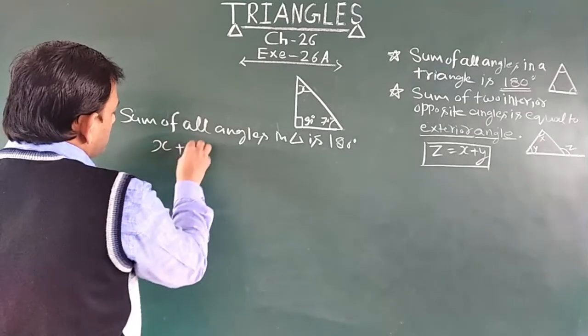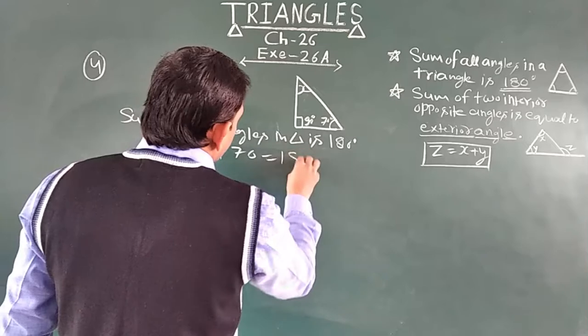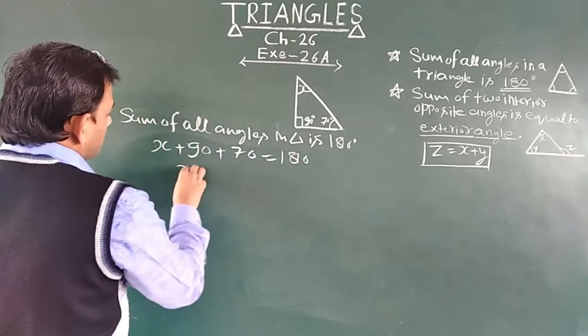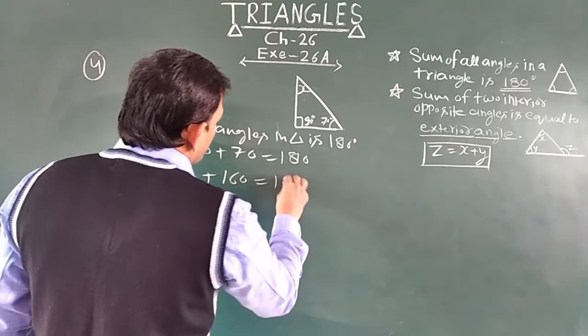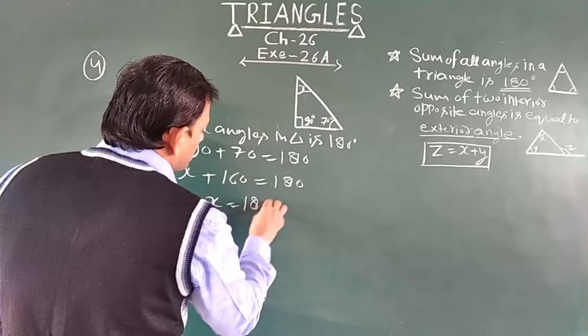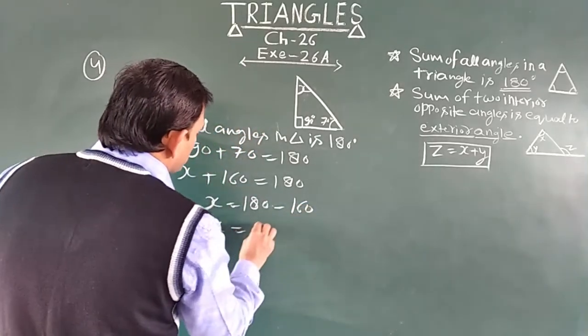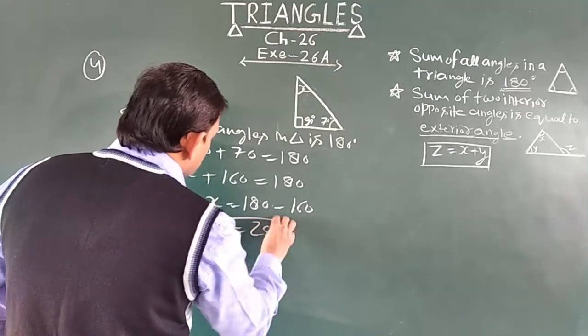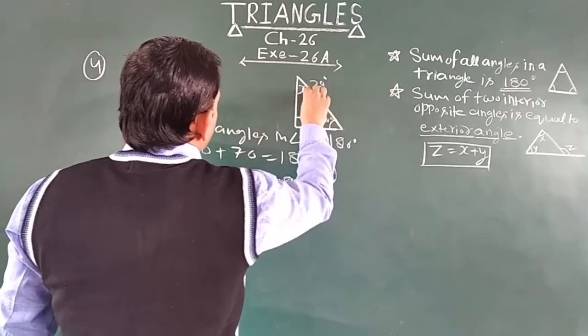So x plus 90 plus 70 is equal to 180. Then x plus 160 is equal to 180, so x is equal to 180 minus 160. So x is equal to 20 degrees. Okay, this is the 20 degree angle.